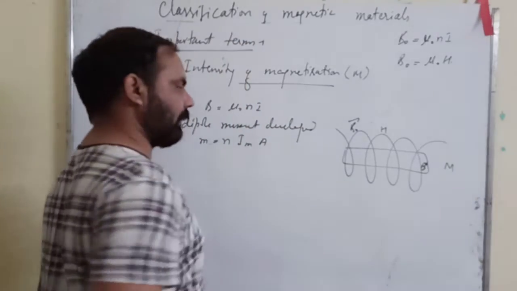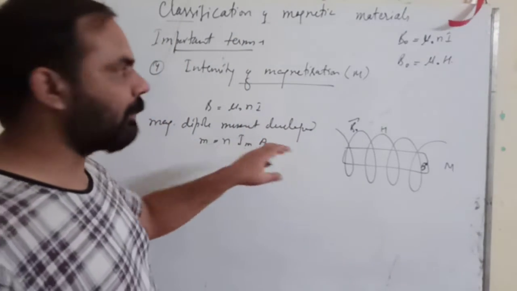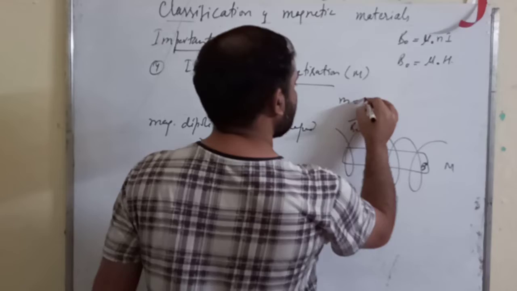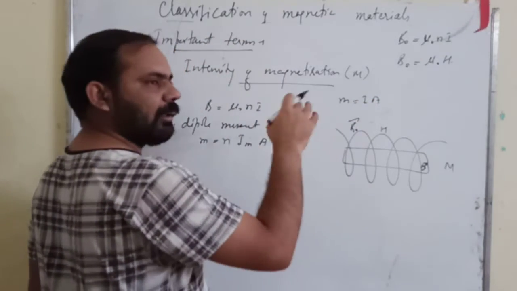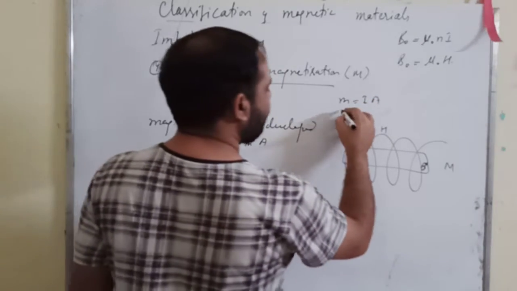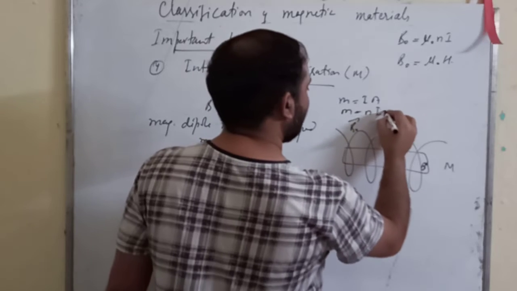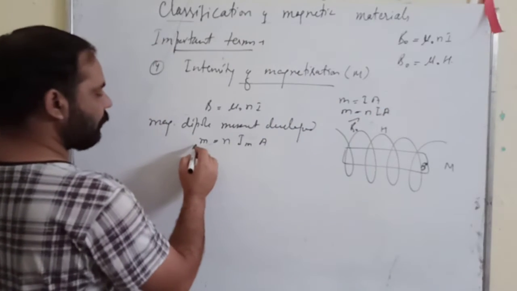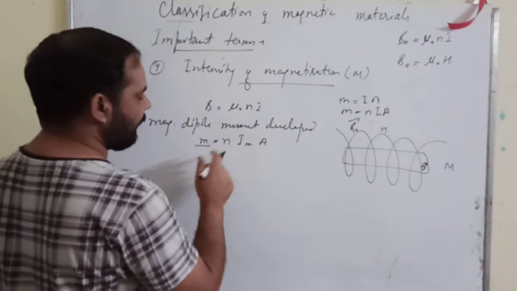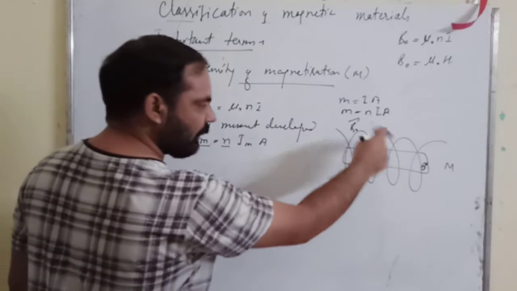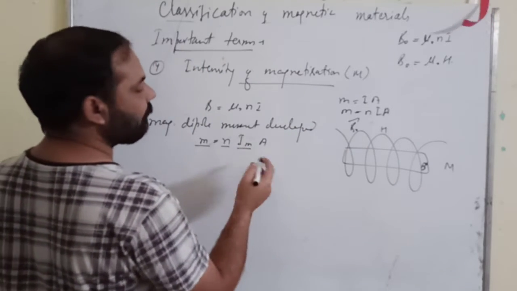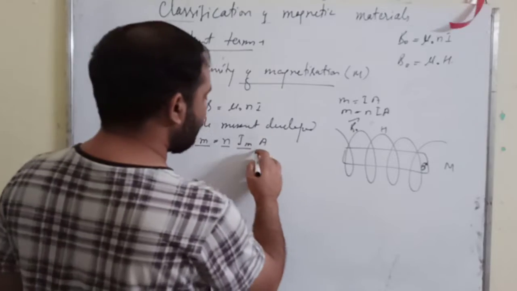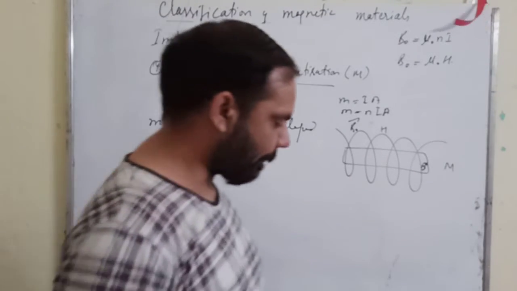We have the formula M equals I a. If n turns are there, then the formula becomes M equals N i a, right? So the total dipole moment developed in the material is N, the number of turns of the coil, Im, the current due to magnetization, and A is the area, right?